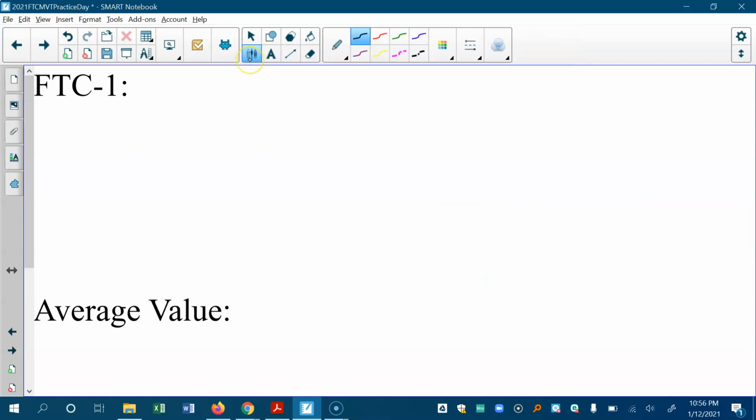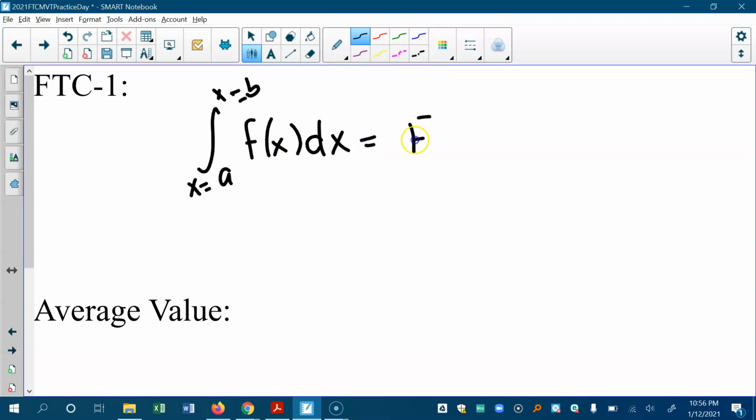The fundamental theorem of calculus says that if a function is continuous or integrable on its closed interval, then the integral from x equals a to x equals b of a function is equal to the net change of the antiderivative.